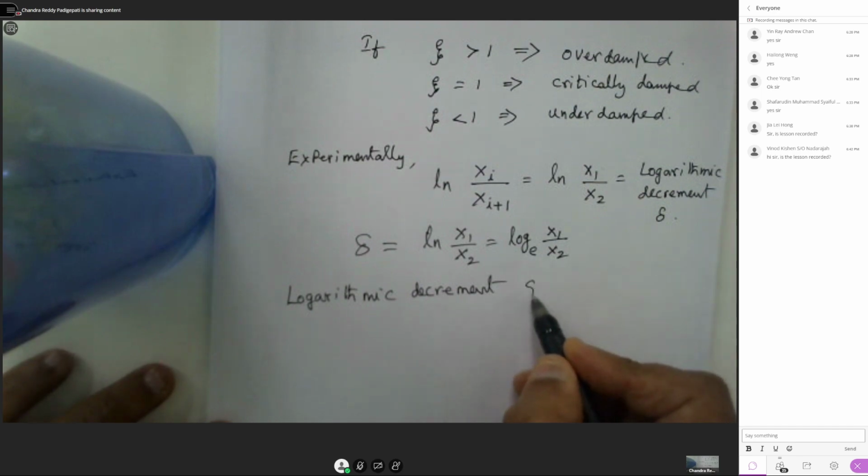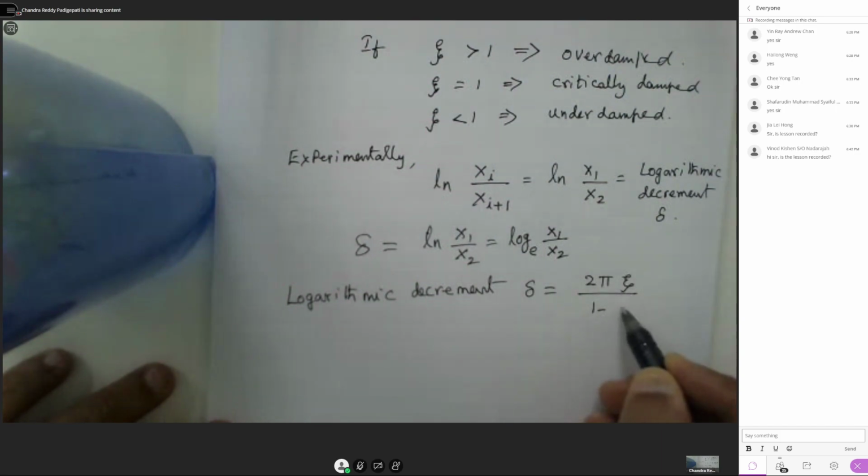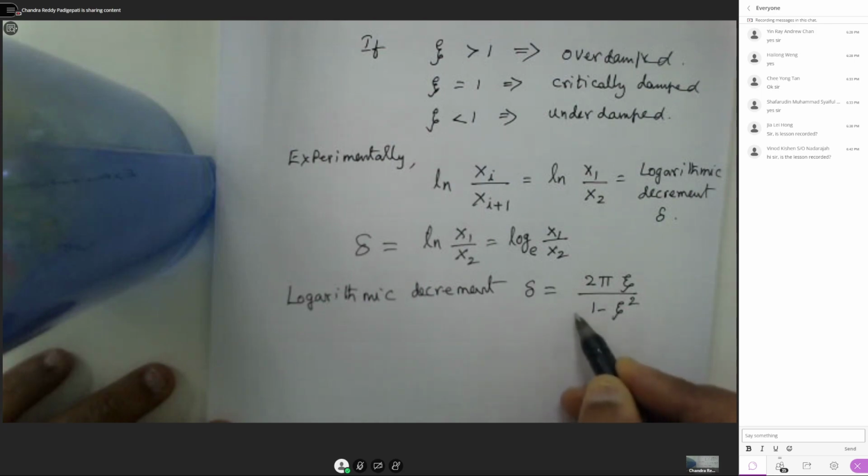So that is the logarithmic decrement. This logarithmic decrement you can write as 2 pi eta over the square root of 1 minus eta square.